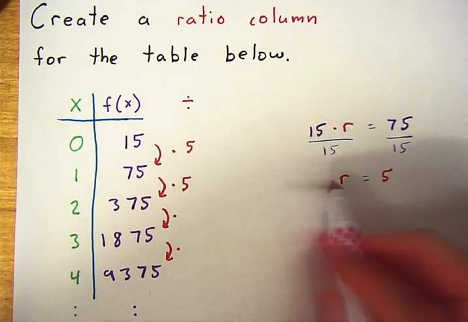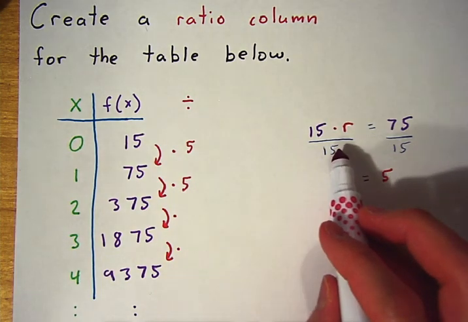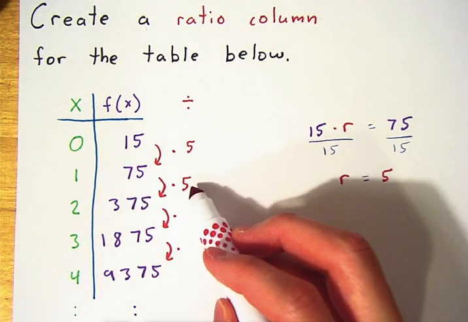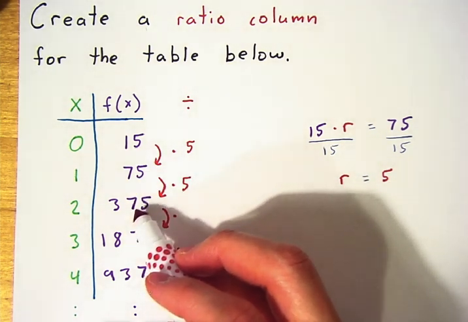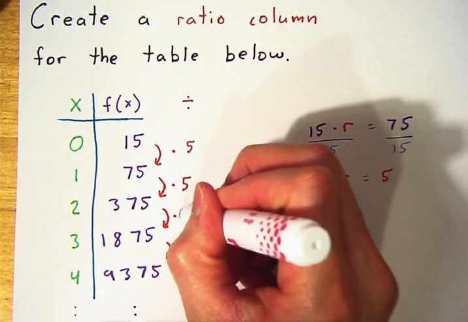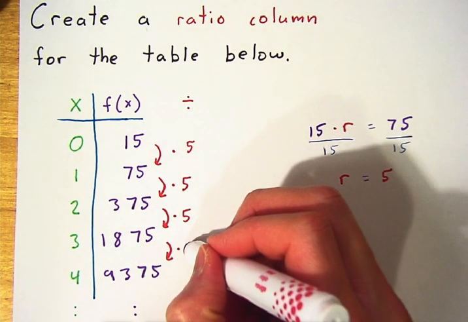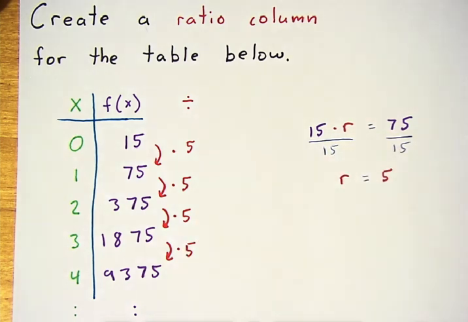If you continue to do this, you would notice that this is also times 5. 75 times 5 gets you 375. 375 times 5 gets you 1,875. And this is also multiply 5 down here.